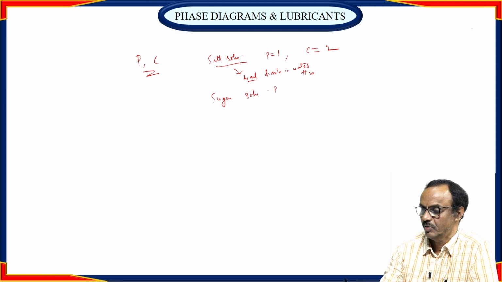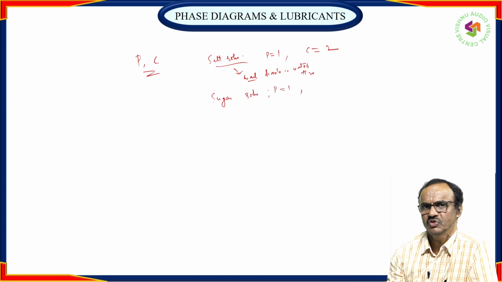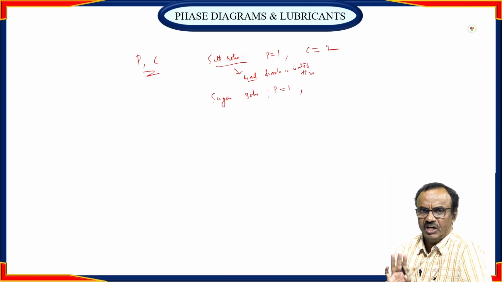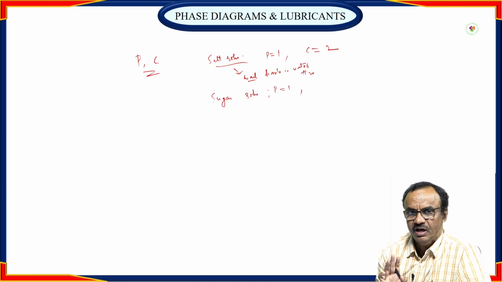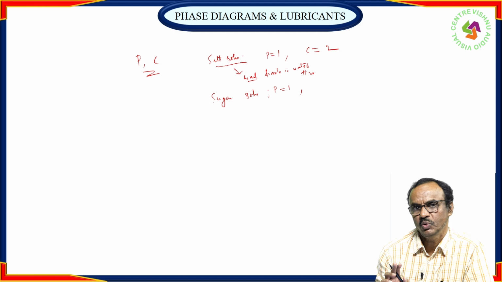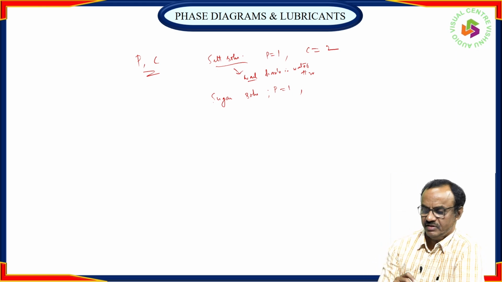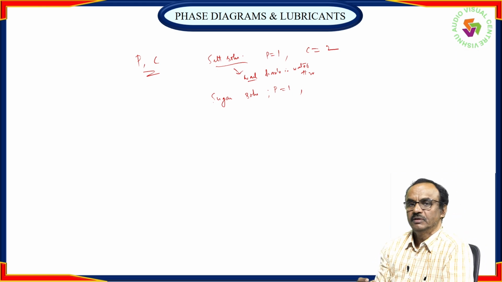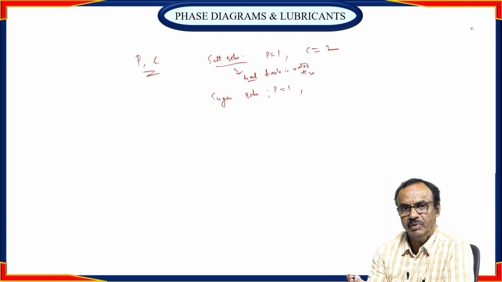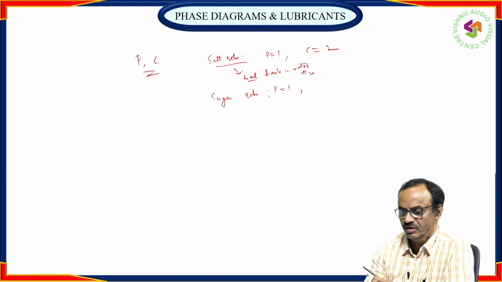Phase is called 1, only one solution, one state. Don't get confused, irrespective of homogeneous or heterogeneous. Just for your clarification, to know how to determine the components and phases, I am taking these examples. Phase is called 1, and components: sugar is chemically different, and water is different, sugar dissolved in water. Therefore, components is called 2.